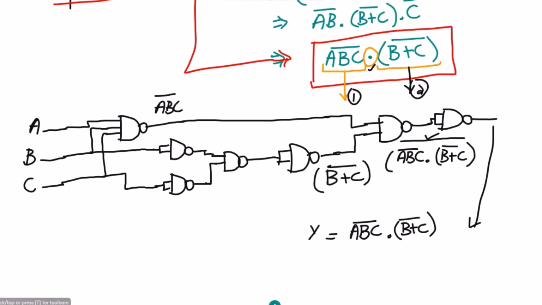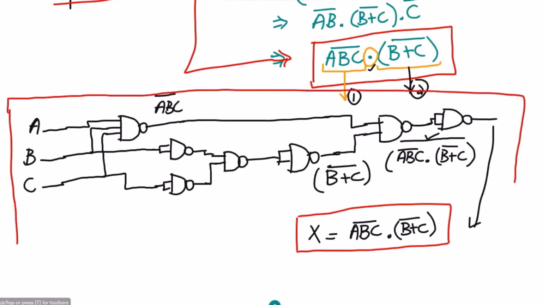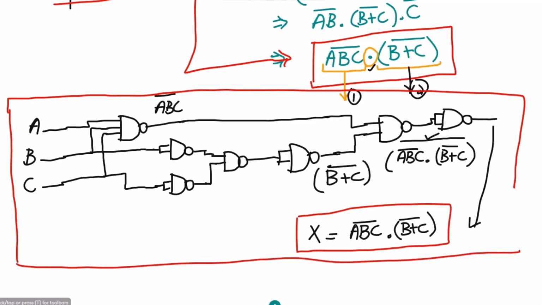So this is the output which we have found from here, and this is the circuit which is basically the implementation of the logic expression by using the NAND gates. Okay, we can see that here we have these NAND gates, and these are the important gates which we have implemented here.